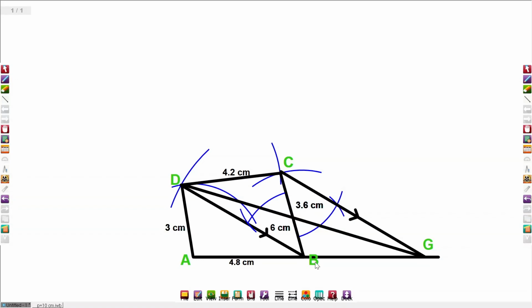Since the line DB is parallel to CG, area of triangle DBC must be equal to area of triangle DBG, as they stand on the same base and as they stand between the two parallel lines, their height is the same. This has an effect that area of quadrilateral ABCD equal to area of triangle AGD. Once again, area of quadrilateral ABCD equal to area of triangle AGD.